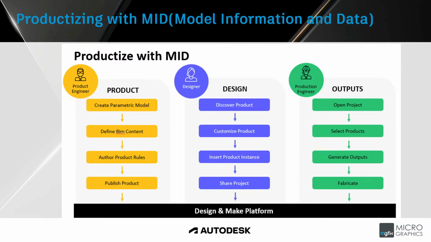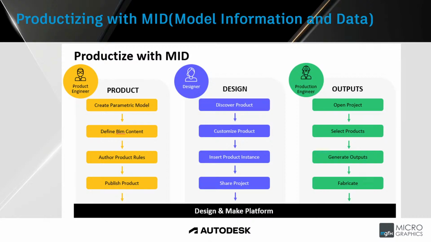And finally, the production engineers will manage the fabrication stage. They consume the design data. They'll select the relevant instances, generate the fabrication outputs, and ensure that it's a smooth transition from the beginning of design to the end of manufacturing.